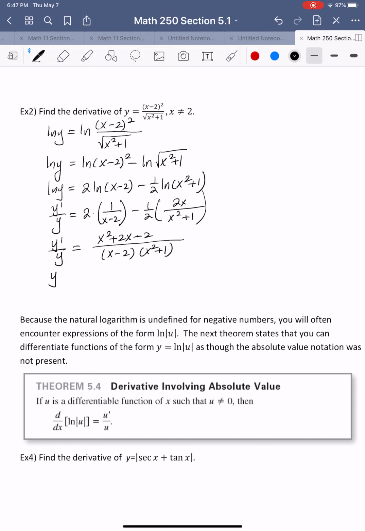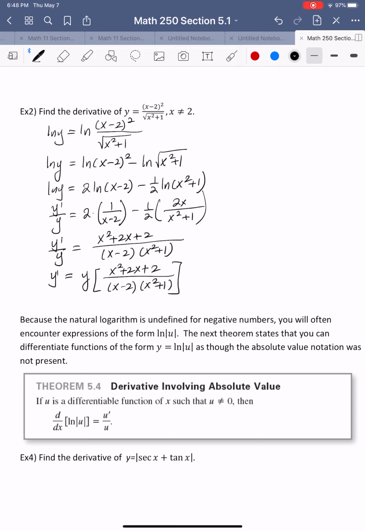And then solve for y prime, which is y times x squared plus 2x plus 2 over x minus 2 times x squared plus 1.